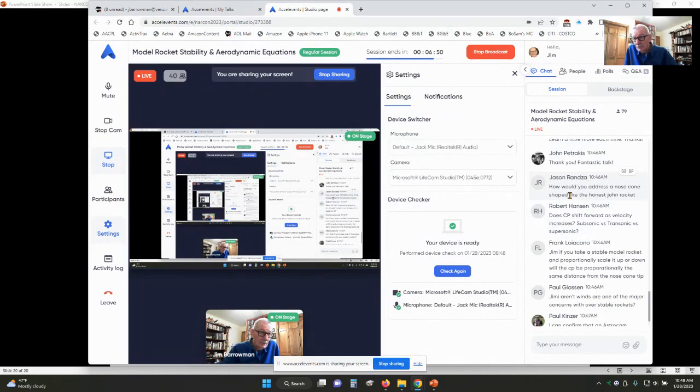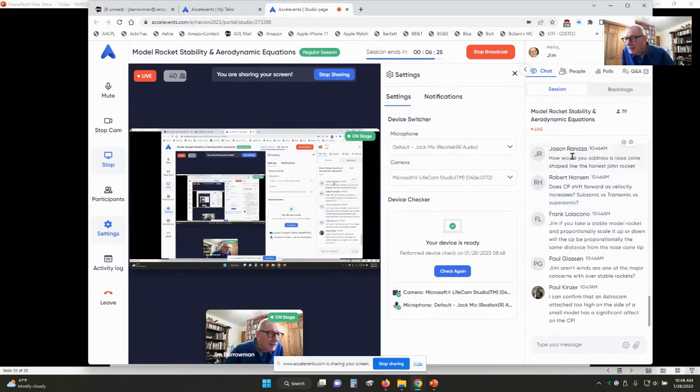So instead of going right into the cylindrical portion, you use an ogive nose cone with a conical boat tail immediately behind it. Then that goes into the cylindrical body shape. Okay, so Jason, I think I attempted to answer yours anyway. I think it works well. I've done that before, actually.